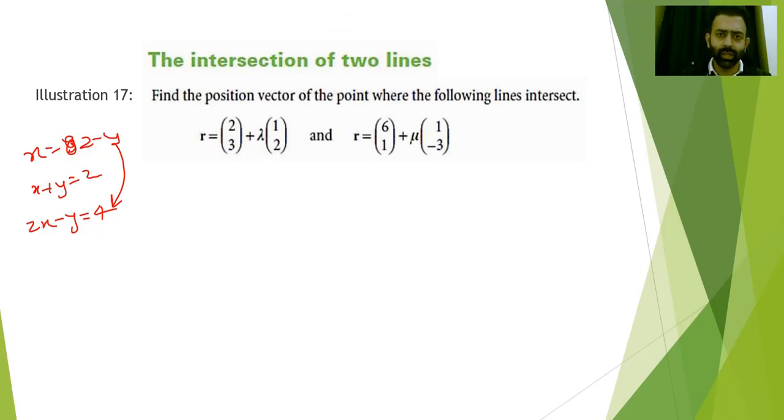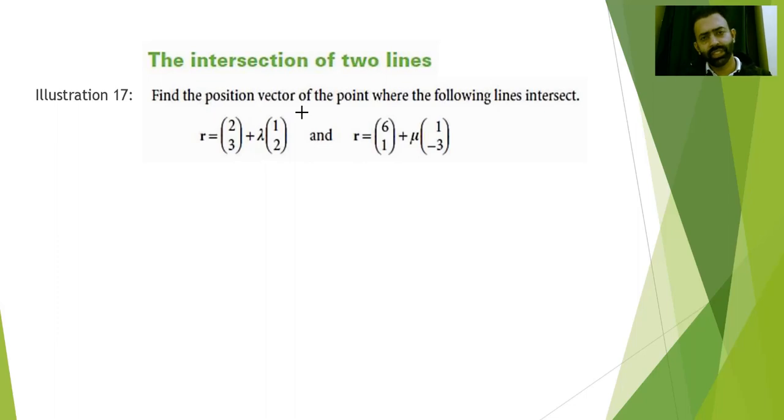Similarly, in vector form, if you have to find the position vector of the point of intersection, put these position vectors equal to each other. From there you find the values of lambda and mu, meaning for what values of lambda and mu the position vectors of these two lines are equal.